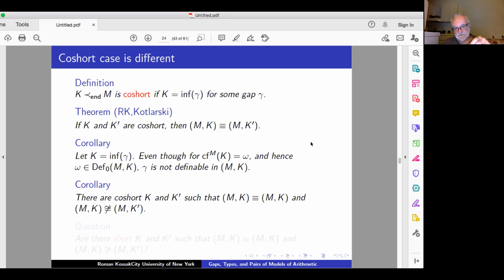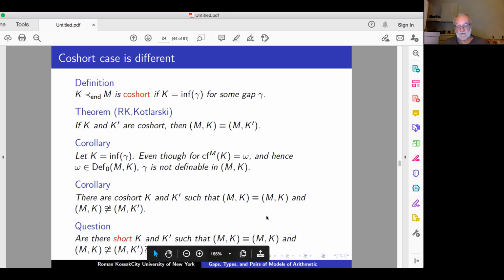And this will have some influence on what I will be talking about next week in a saturated case. But one of the interesting open questions is whether you can get an example like this among the shortcuts. By this result from our paper, we have infinitely many non-elementarily equivalent pairs, so they do exist.